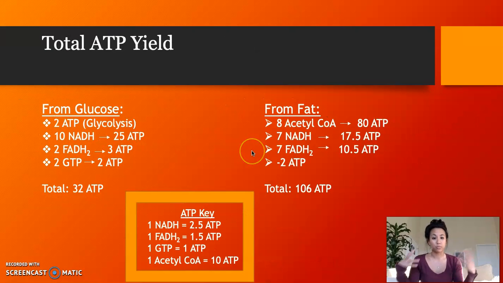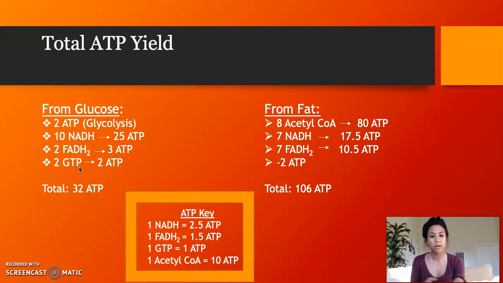Now, like I said, we're going to go over ATP yield from both glucose and fat. So from glucose, you have our 2 ATP from glycolysis and our 10 NADHs, 2 FADH2s, and 2 GTP. If that sounds like a lot and more than what we had discussed in the first slide, remember that that one molecule of glucose produced 2 pyruvate.